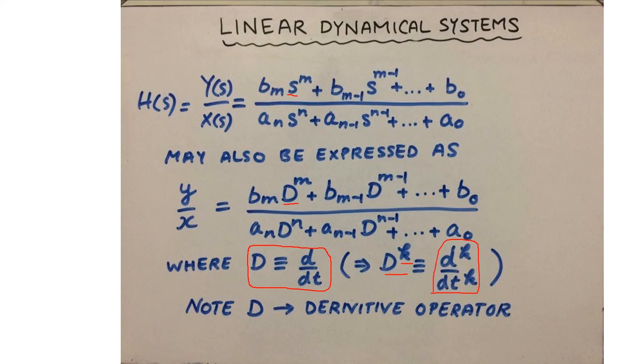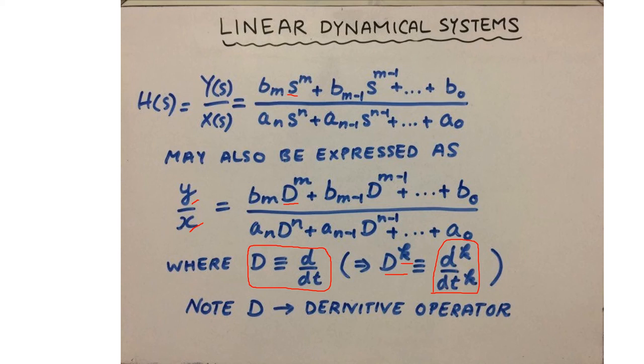So this gives us the transfer function form, not in the form of Laplace variables capital Y or X. Rather, we can go back to the time domain representation, small y, small x, or small y divided by x.